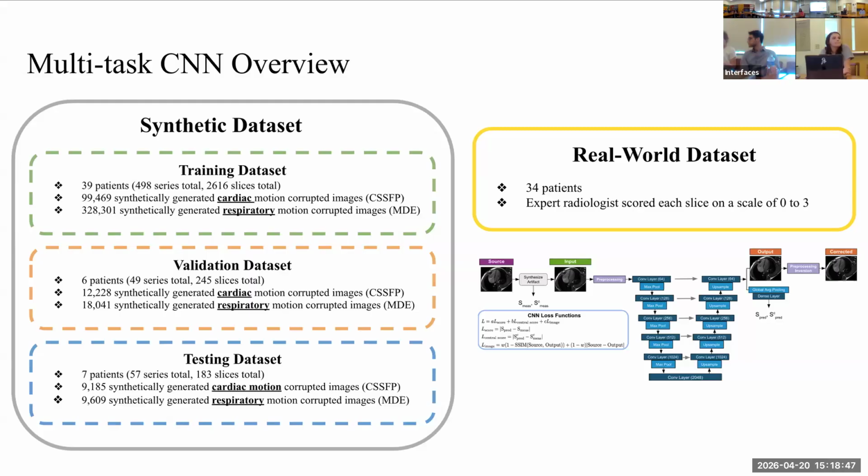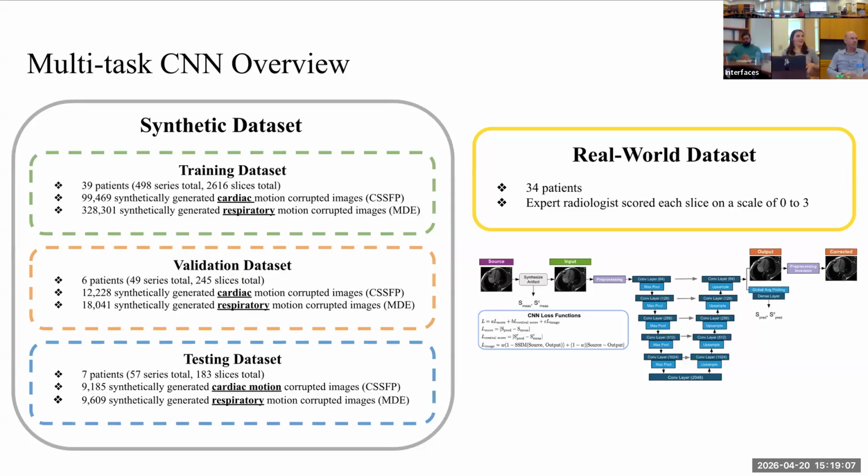Okay, I have a question. Do the radiologists score based on the corrected images? They're only looking at, so in this real world data set, we don't know what the original images look like. So sorry, let me say that again. They're not the gold standard, so they're artifacty.